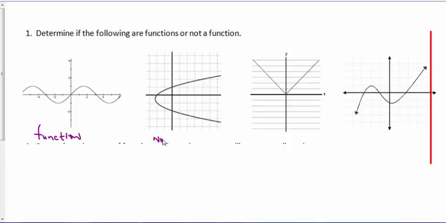This one is not a function. This one is a function. And this last one is a function.